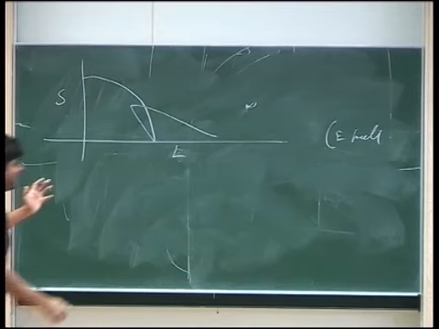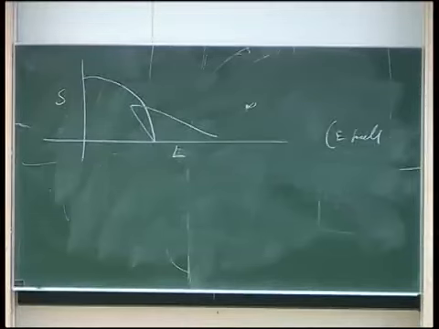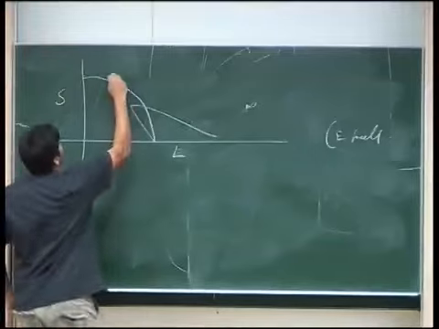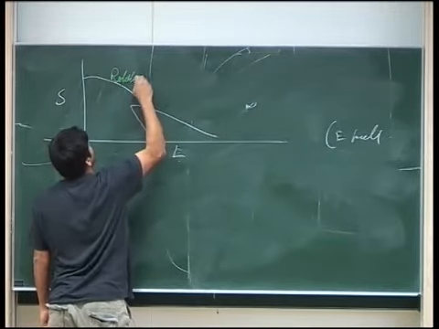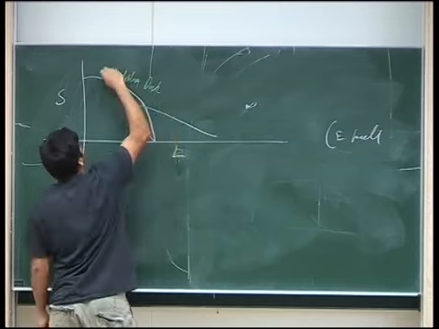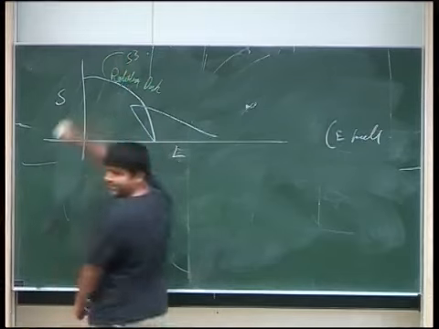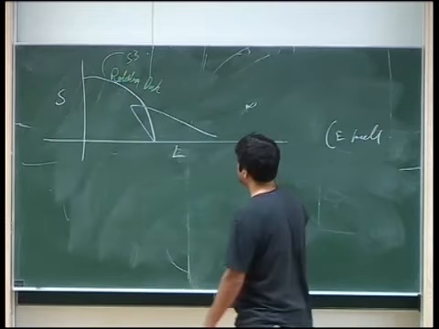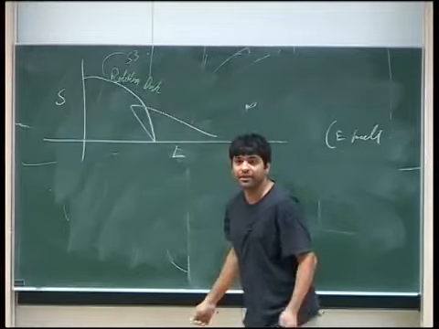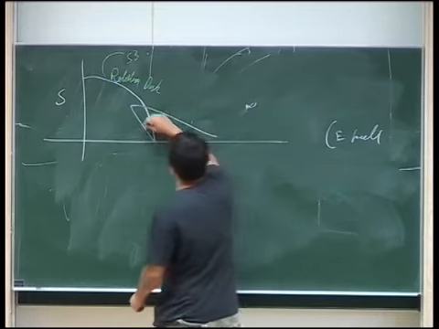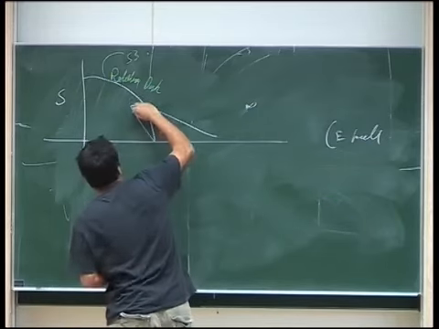There are three branches to this graph. This branch refers to rotating disks, what the gravity people would call a rotating black hole, horizon topology S3. These two branches refer to the rings. There's nothing unsmooth here.